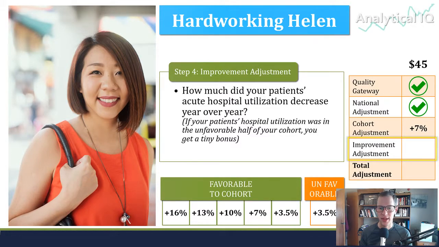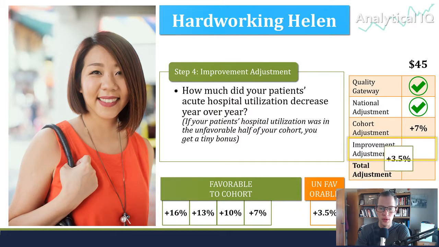in the worst half in hospital utilization, the most unfavorable half of hospital utilization, your practice automatically gets the tiniest bonus. But if your performance was favorable to the cohort and your improvement in hospital utilization, so that is, are your patients, risk adjusted, stratified, all that stuff, and by the way, normalized payments, are they using hospital services less than they were the prior year?